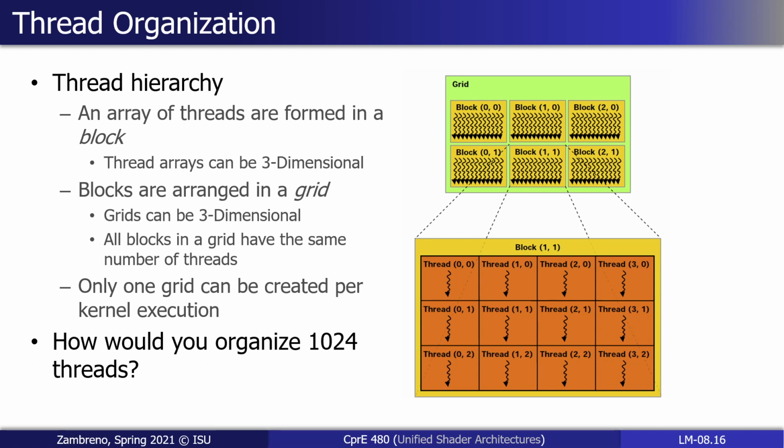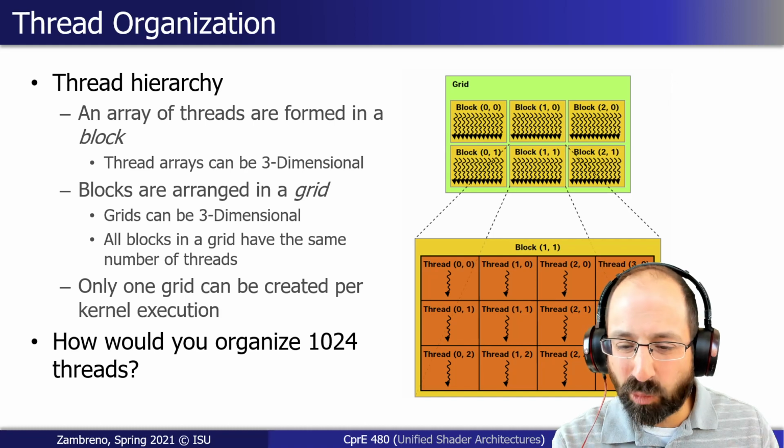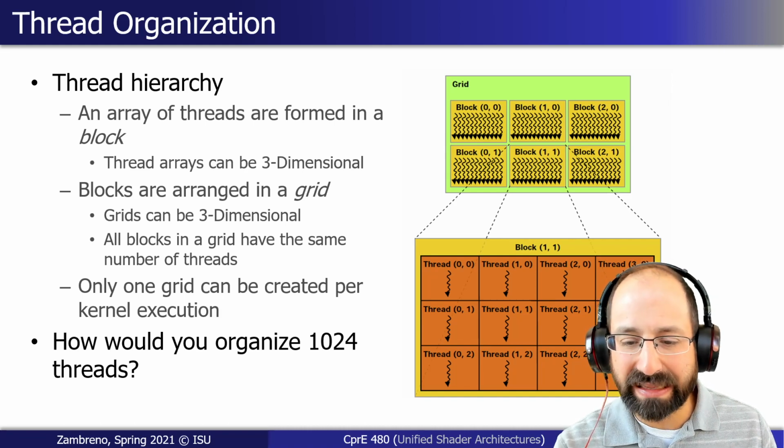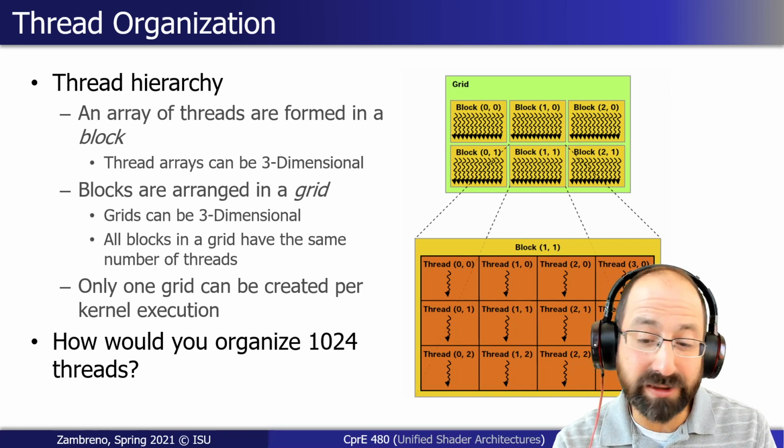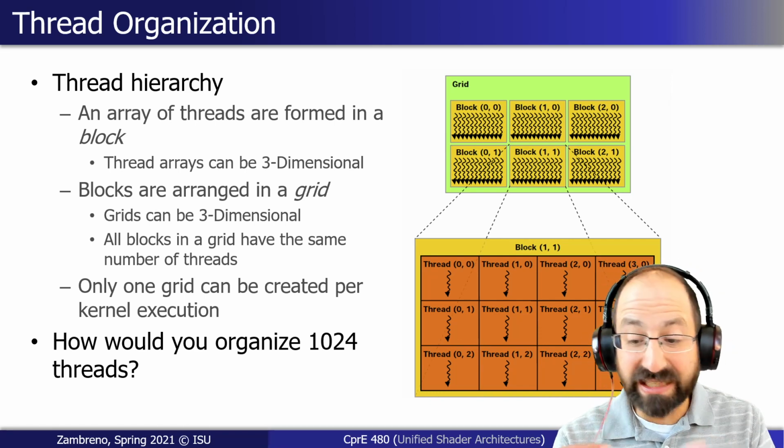For that vector add example, one-dimensional might still make sense, although there are limits we'll talk about, because our data is one-dimensional. So if you have one-dimensional data, maybe it makes sense to have a one-dimensional layout of threads in a block. For the matrix examples, maybe it makes sense to have the thread layout be two-dimensional, because our data is two-dimensional.